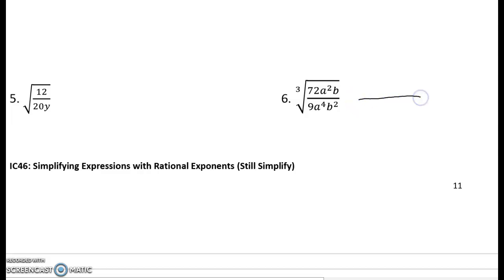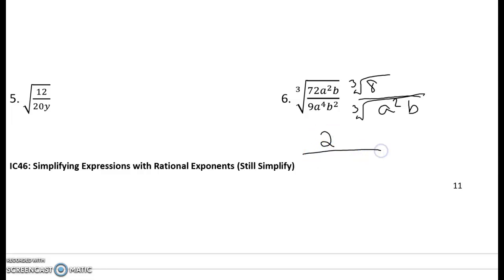So I'm going to have an 8 on top, a squared on the bottom, b on the bottom, and then I'm going to take the cubed root on the top. I'm going to take the cubed root on the bottom, which is going to make it then into 2 on top over a to the 2/3, b to the 1/3.